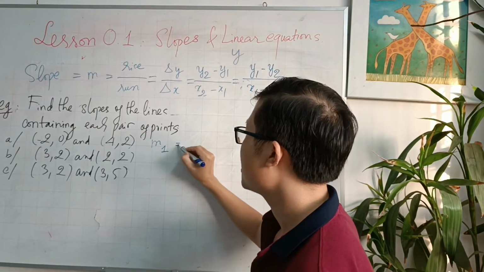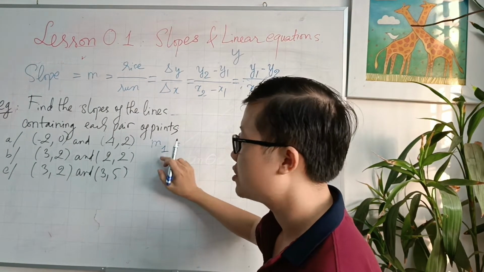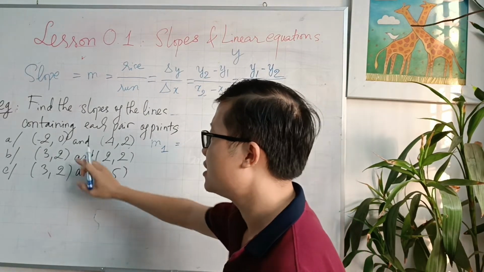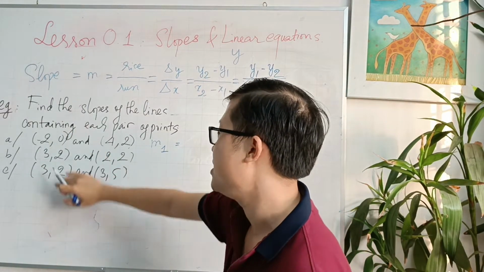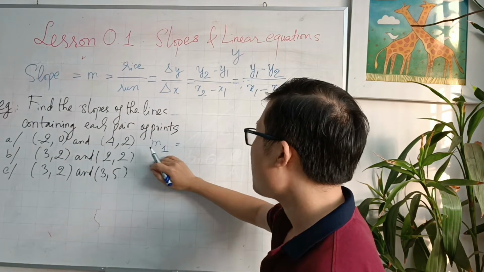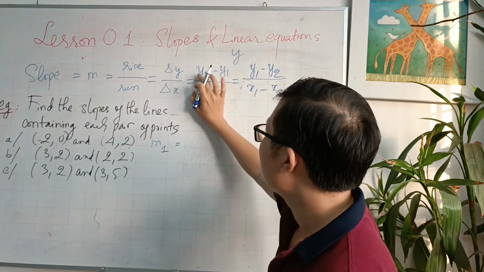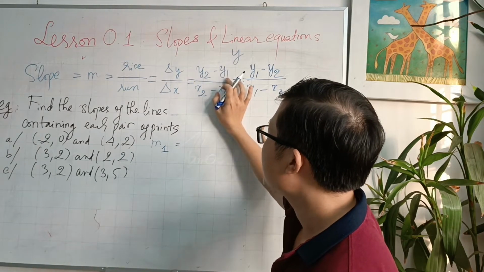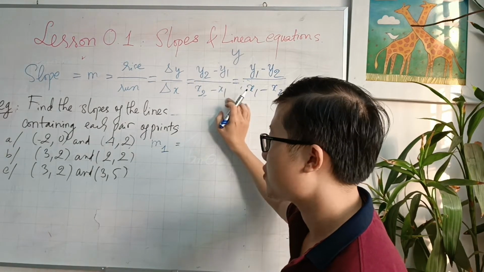M1, I have an index here to define the number of questions A, B, and C. M1 is for question A. M1 equals y2 minus y1 over x2 minus x1.